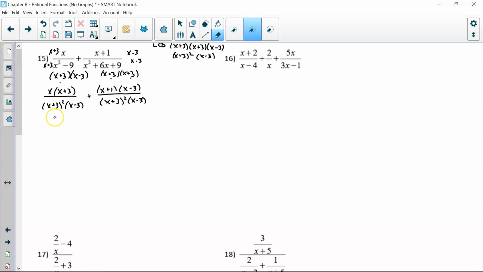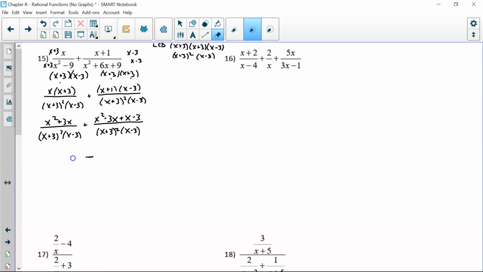So now I'm going to multiply my numerator there. X squared plus 3x over x plus 3 squared, x minus 3, plus we get an x squared minus 3x plus x minus 3 over x plus 3 squared, x minus 3.